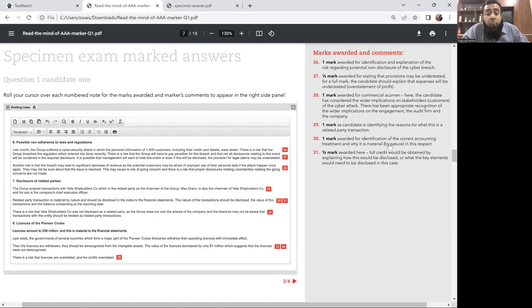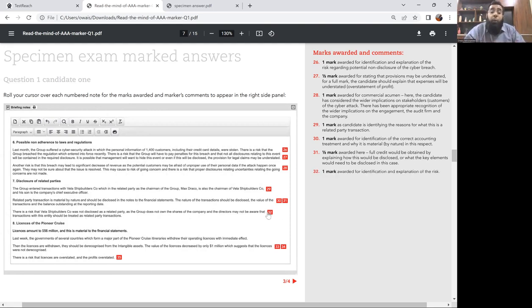Again, 1 mark awarded for identification of correct accounting treatment, that is, what disclosure is required. Half mark awarded here, full credit obtained by explaining how this should be explained or what the elements should be, which need to be disclosed. There's a risk that Vala Shipbuilder Company was not disclosed as a related party, as the group does not own shares of the company, and the directors may not be aware that a transaction with this entity should be a related party transaction.